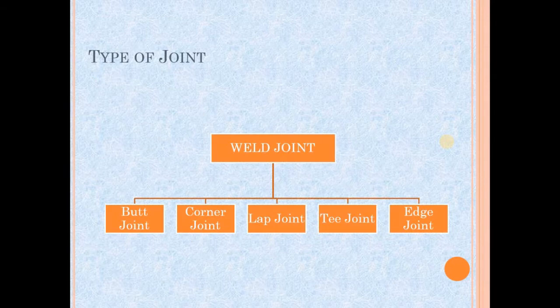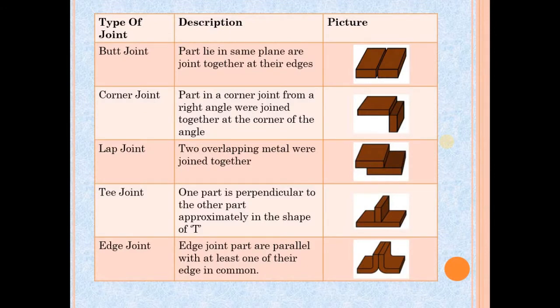My next subtopic is about types of joint. There are five types of joint, that is butt joint, corner joint, lap joint, T-joint, and edge joint. I will explain all of them. For butt joint, the parts lie in the same plane and are joined together at their edge.